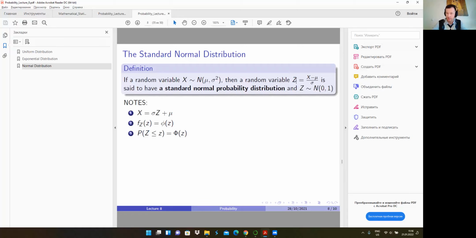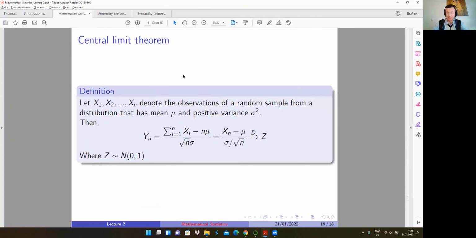Look, now we are talking not about X, which is distributed normally with mu and sigma squared. Now we are talking about some variable X bar n. So this is the sample mean. And we know that the sample mean has the same population mean, mu, but the variance of a sample mean is not sigma squared.